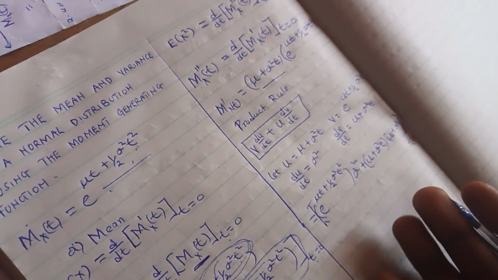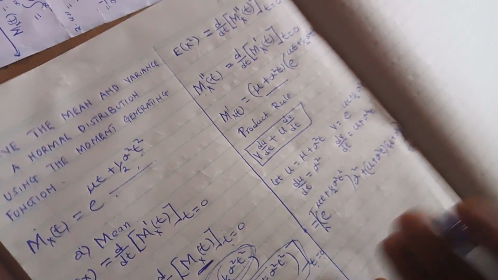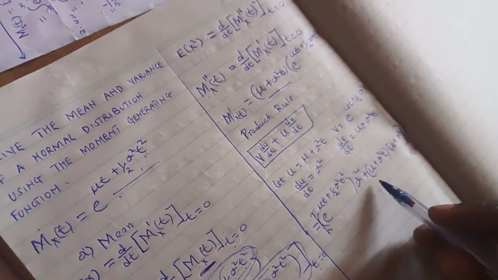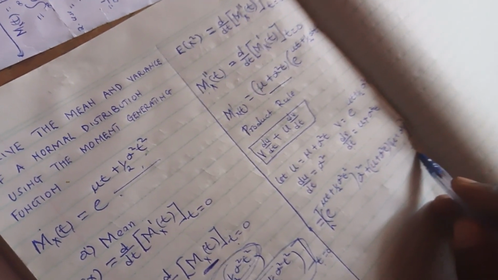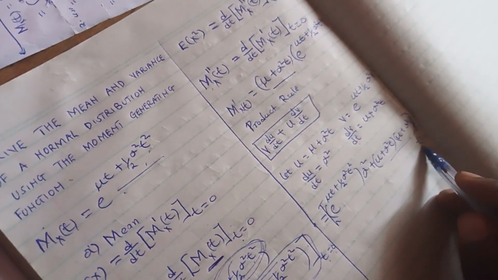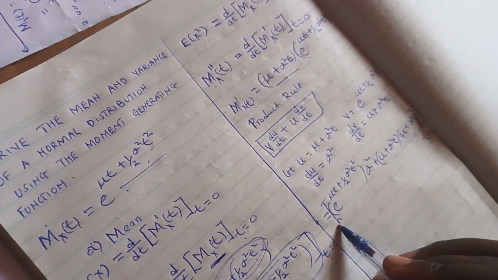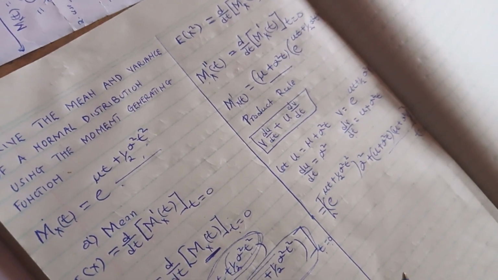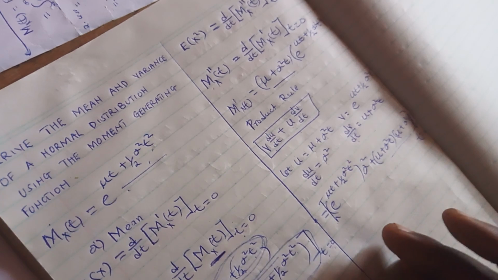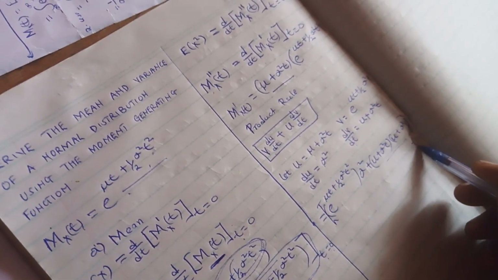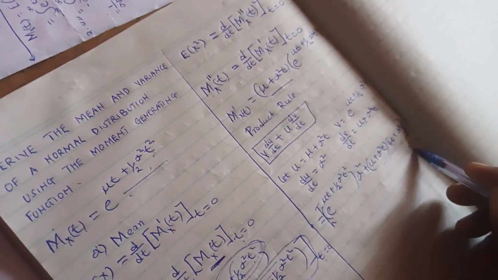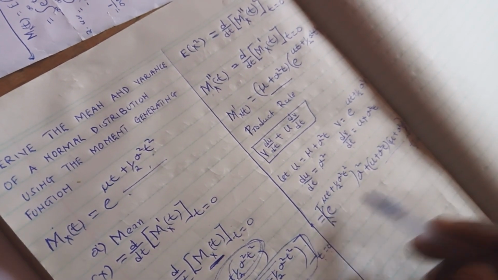Here, there are two ways we can do this: we can expand this one, then replace the value of t by 0, or you replace the value of t directly. You will still arrive at the same answer. But because of that, let us replace directly.